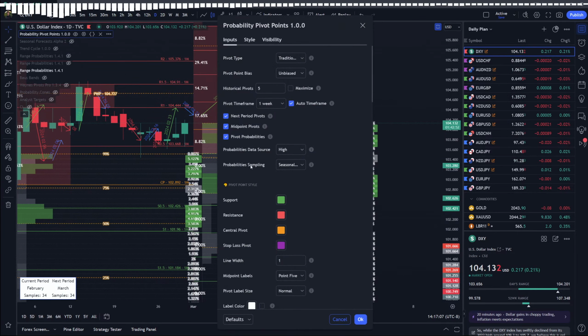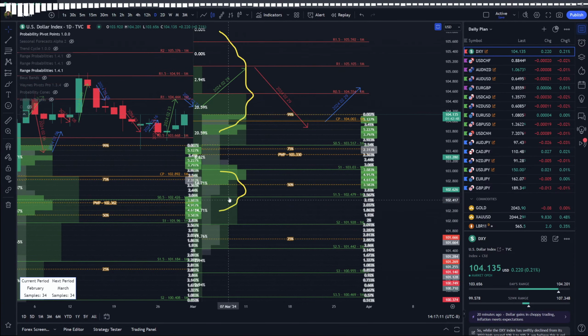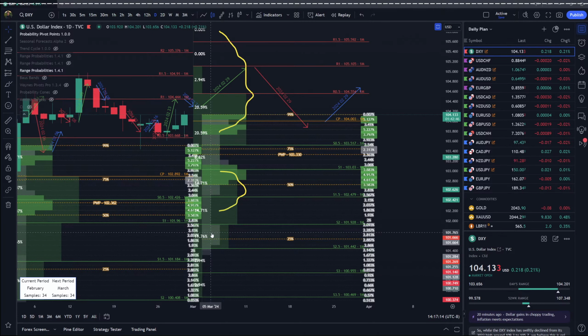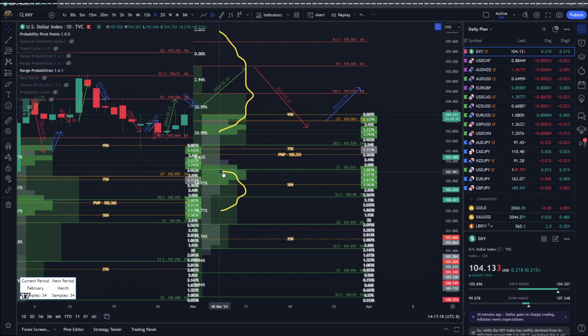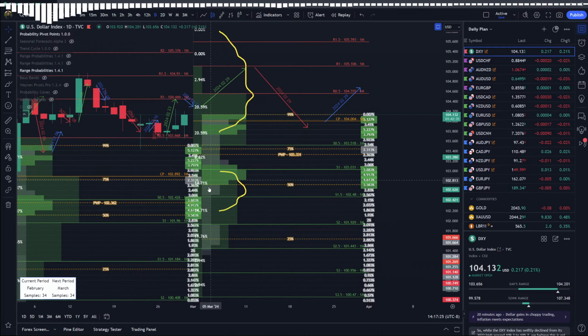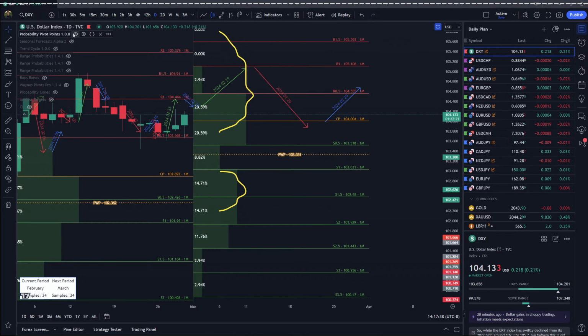Let's go ahead and look at our seasonality real quick for next month. Yeah, I don't know about that. Not so sure we'll go all the way down here unless that CPI really surprises to the downside and the Fed is especially dovish for some odd reason.